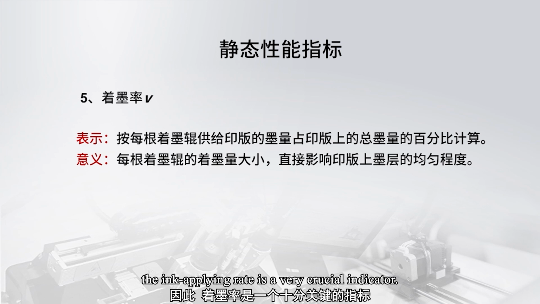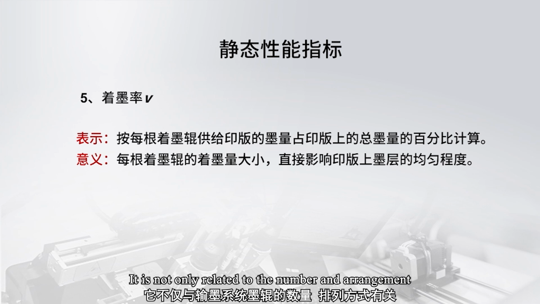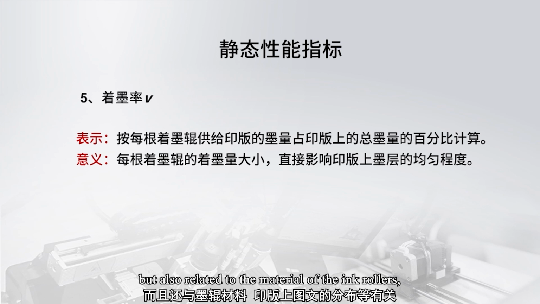Therefore, the ink applying rate is a very crucial indicator. It is not only related to the number and arrangement of the ink rollers in the inking system, but also related to the material of the ink rollers, the distribution of images and texts on the plate, etc.